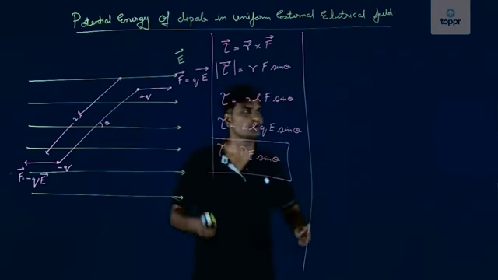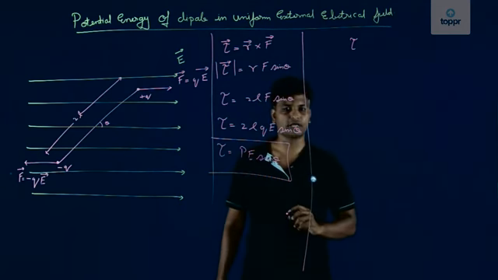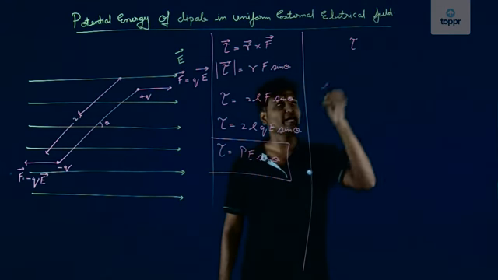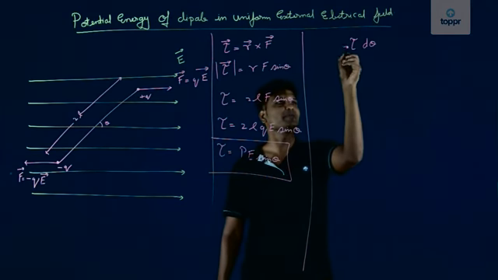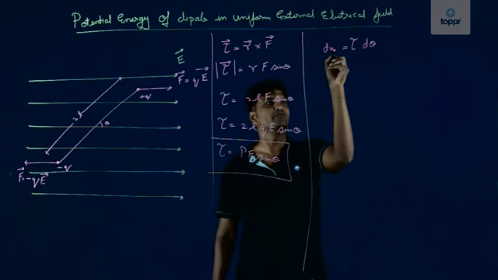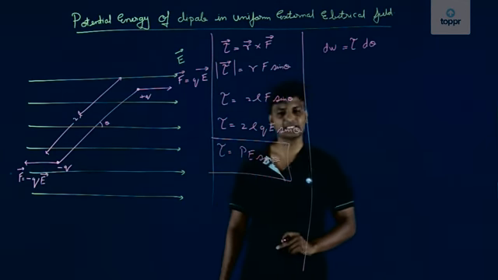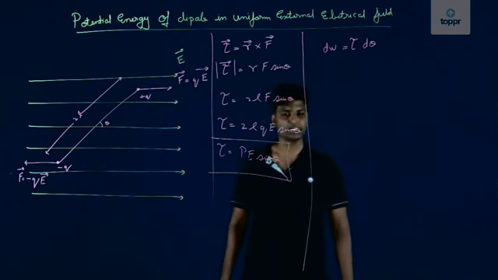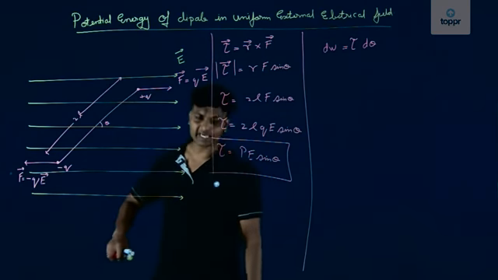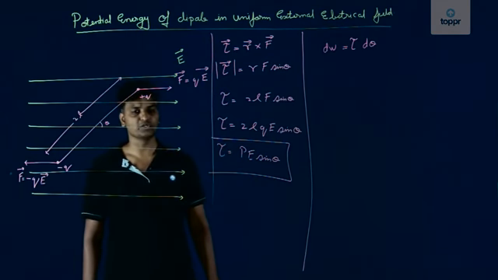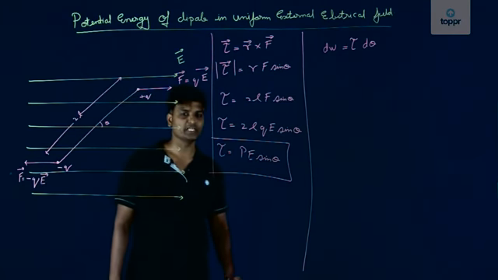Okay, so this external torque tau into a very small displacement d theta will give me nothing but a very small work done for this small angular displacement d theta, which is nothing but dW, right? And this work then gets converted into potential energy, gets stored inside the system in form of potential energy.